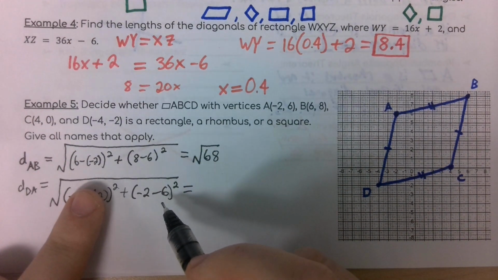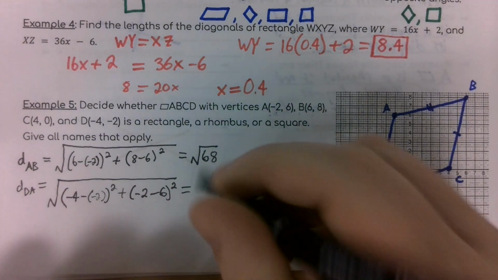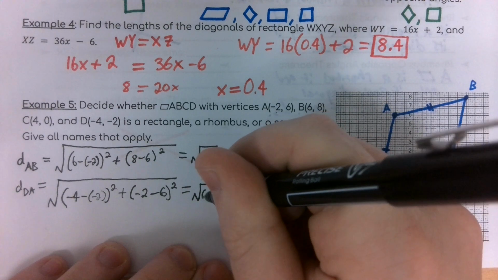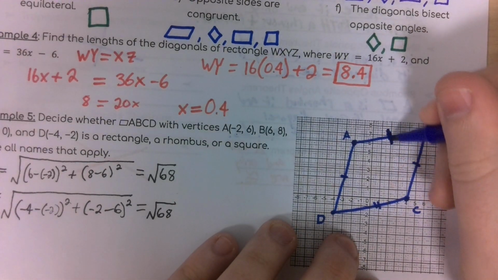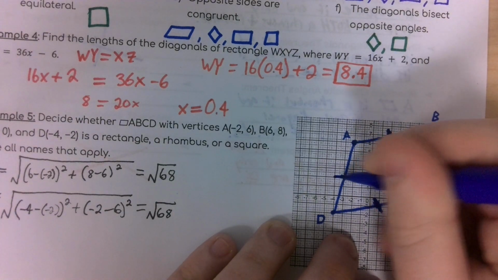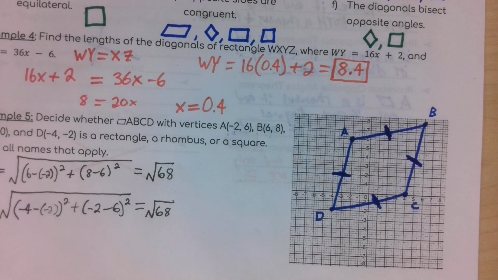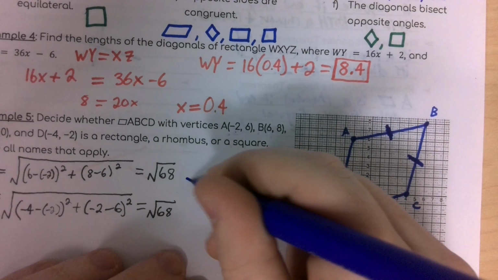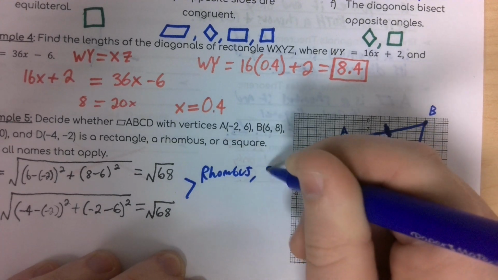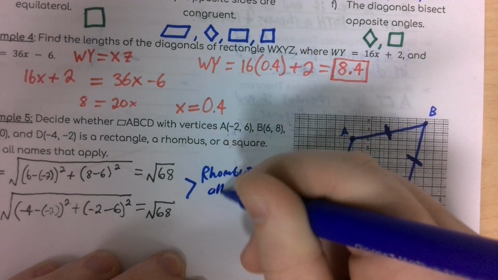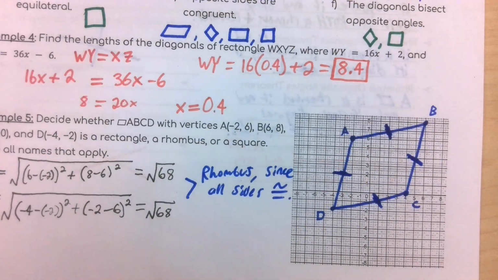Negative 2 minus 6 is negative 8. Squared is 64. So once again, you get 4 plus 64, it's 68. We know that all 4 of these side lengths are congruent to each other. So bare minimum, it's a rhombus. Rhombus, since all sides are congruent.